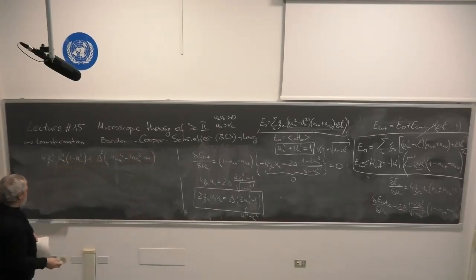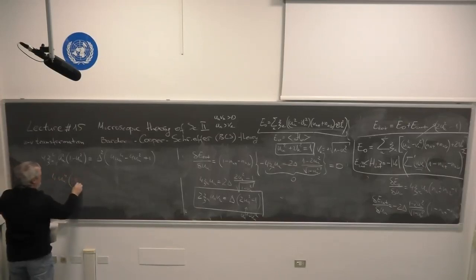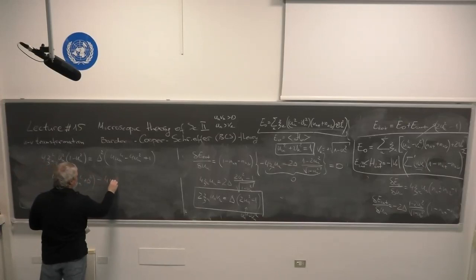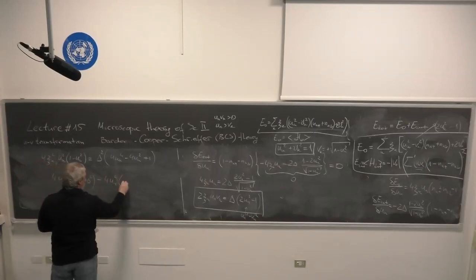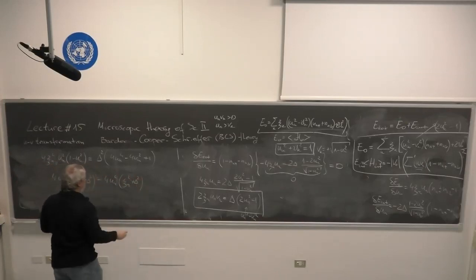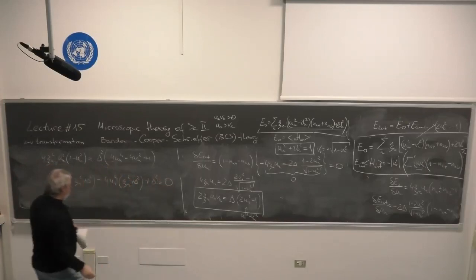I have a big quadratic equation. I will collect terms in front of uk to the 4: 4 uk to the 4, then psi k squared plus delta squared, minus 4 uk squared, again psi k squared plus delta squared, is equal to 0.